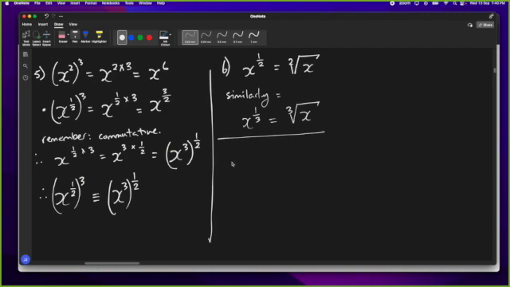So we could have the situation where we have x to the 2 on 3. Now, x to the 2 on 3, we could say to be x to the third, and we could put the 2 outside. And we know x to the third is the cube root of x.